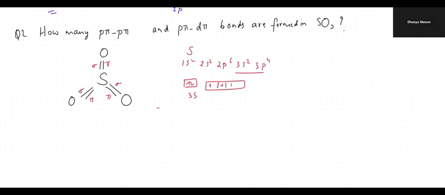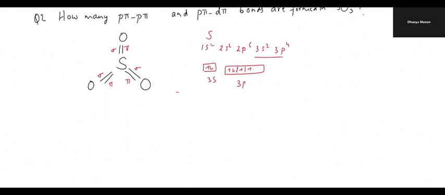So this is the p orbital. Now here you can see for sulfur only 2 unpaired electrons are there, right? But it has to form how many bonds? It has to form 1, 2, 3, 4, 5, 6 bonds. So it needs 6 unpaired electrons.